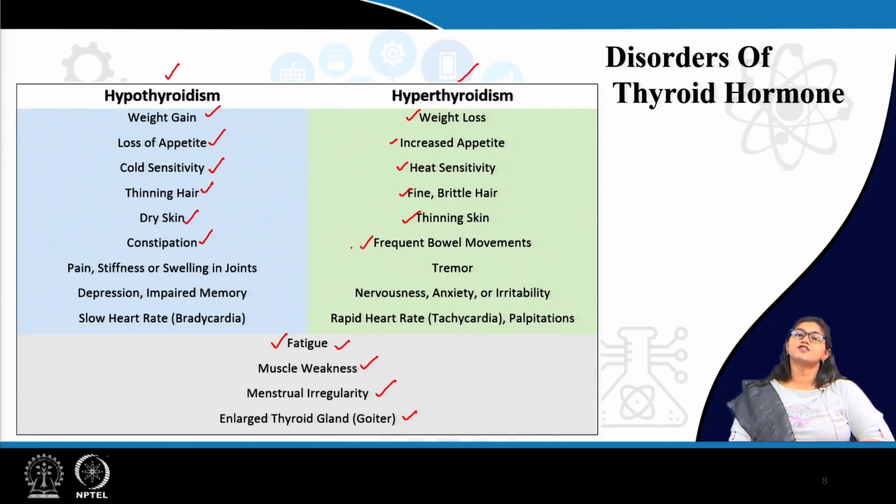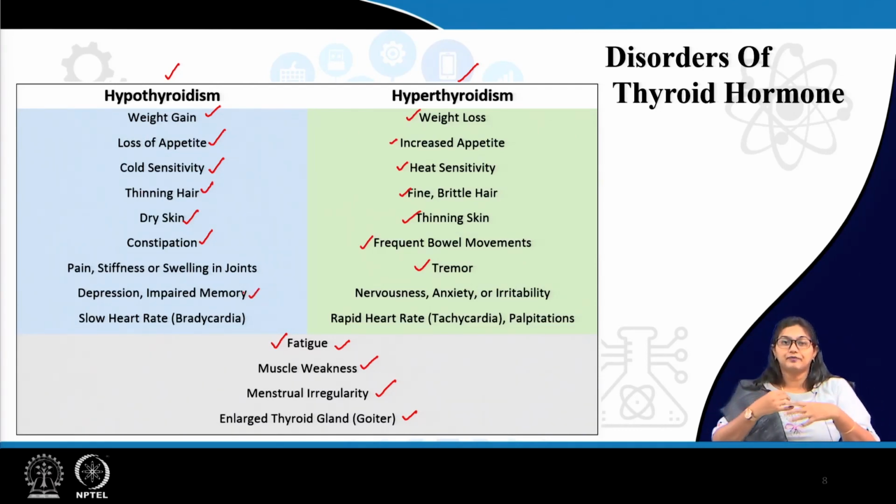Then in hyperthyroidism you will notice different neuronal disorders like tremor, uncontrolled repetitive movement, nervousness, anxiety, irritability. In hypothyroidism, you will see depression, memory impairment.